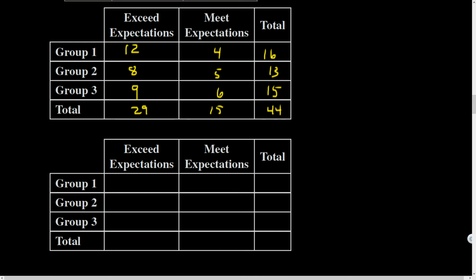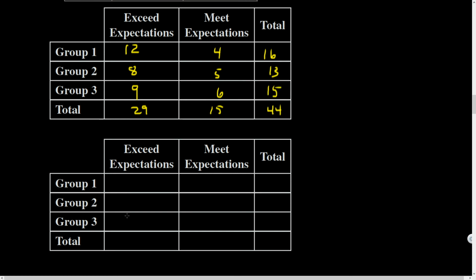Now, in order to figure that out, I'm going to need to figure out some conditional relative frequencies. So I think the way you could figure it out is to look at how often they exceed expectations per group.